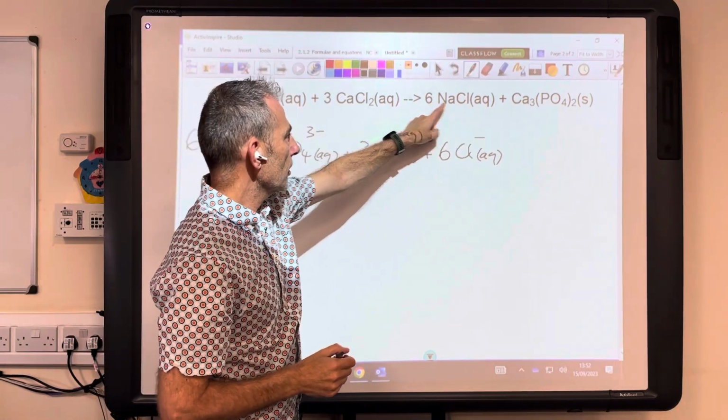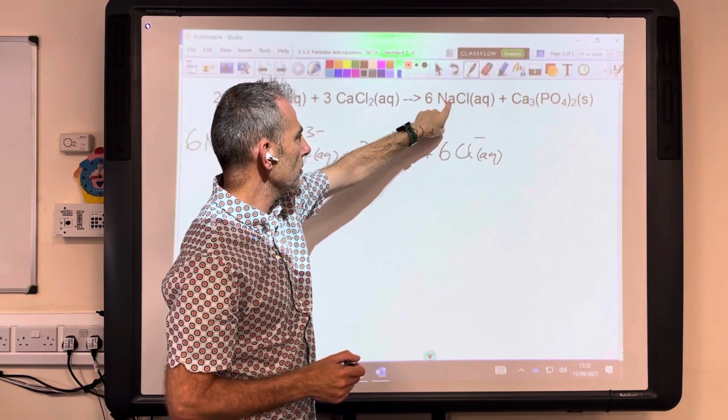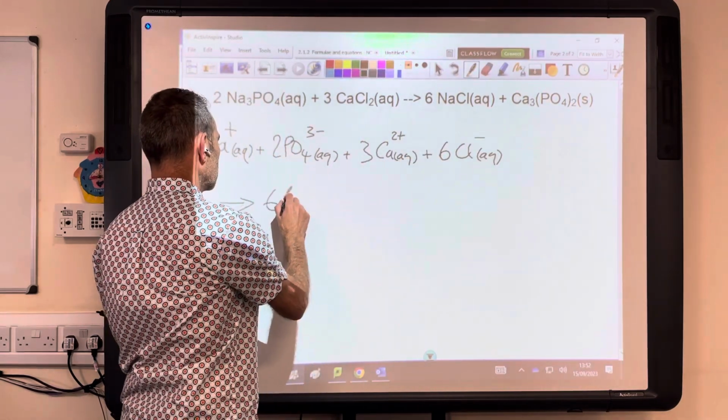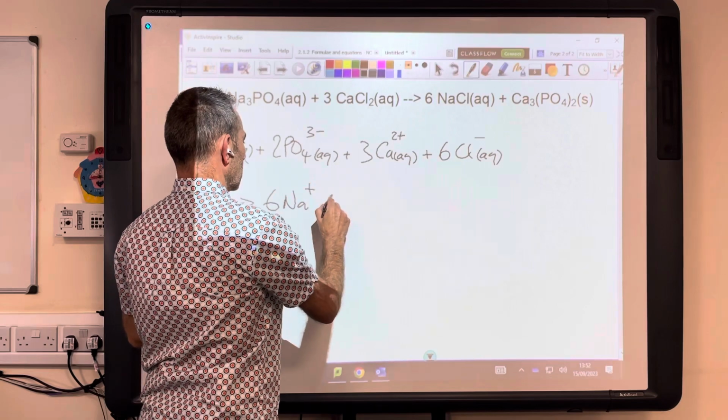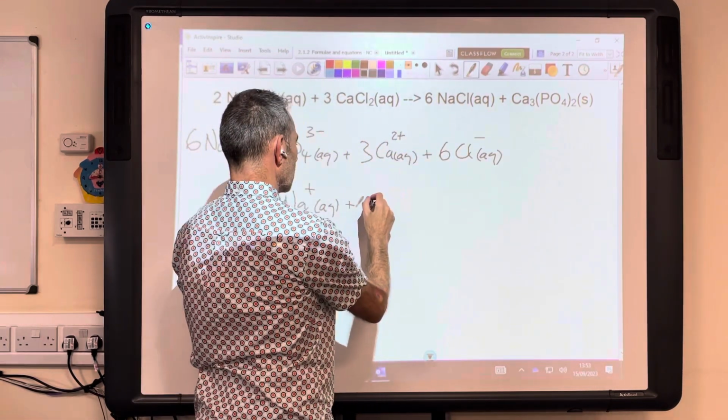Products wise, we've got another aqueous substance, so showing the ions, 6 lots of sodium ions, 6 Na plus aqueous, 6 Cl minus aqueous.